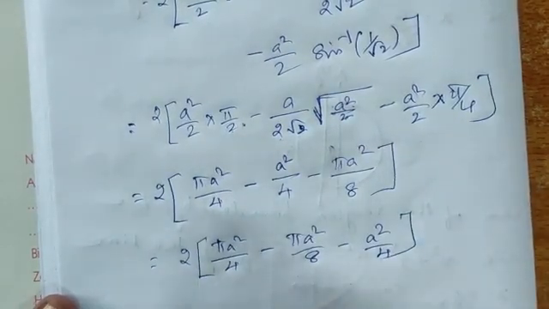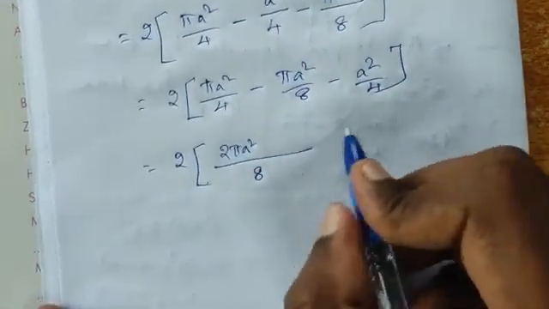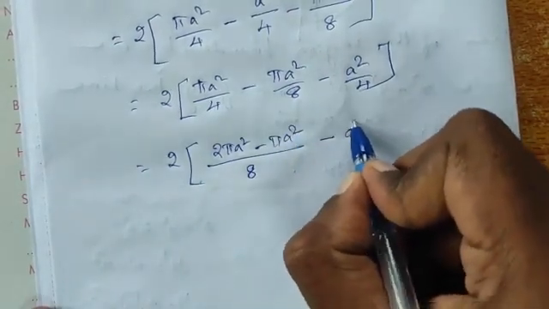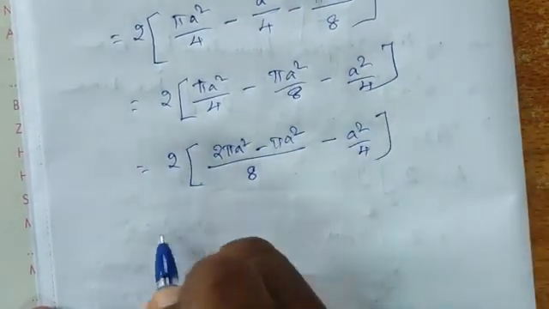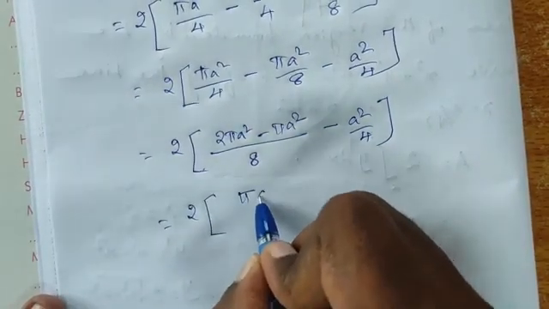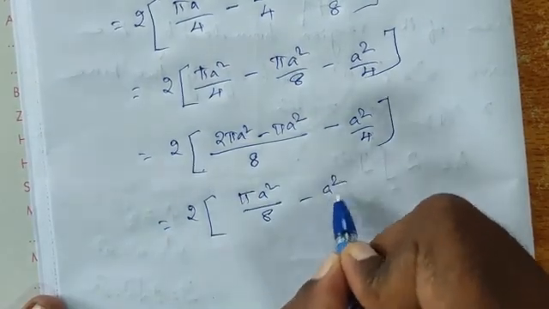Now 8 is the LCM here. So 2 pi a square minus pi a square, pi a square by 8, minus a square by 4.